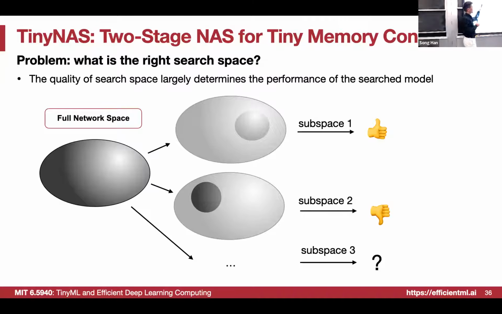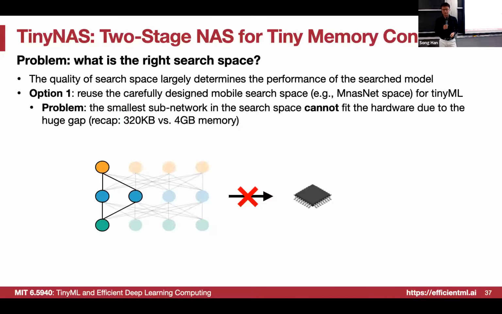Given the full network space, there might be different subspaces that are better. But the search space for microcontrollers is very rare. People previously focused on cloud and also mobile. There's no such prior design space for microcontrollers.